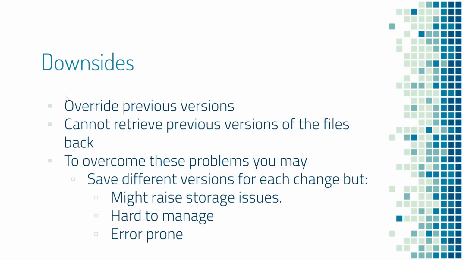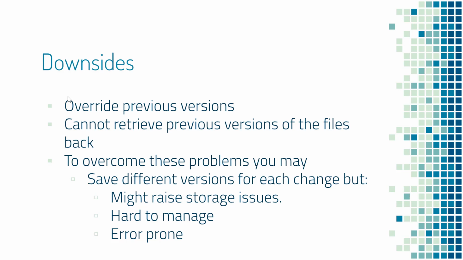As I said, one of the downsides of using just a regular save mechanism is that usually we will overwrite previous versions. We cannot retrieve the previous versions of the files.